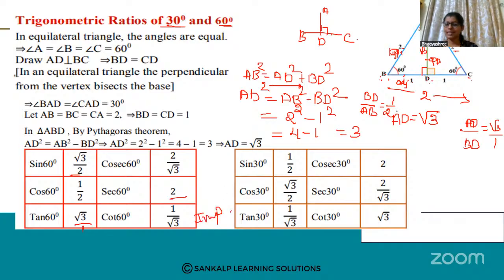Next one, sin 30 degree. See, dear children, our theta is here. What is opposite to this? BD. Right?